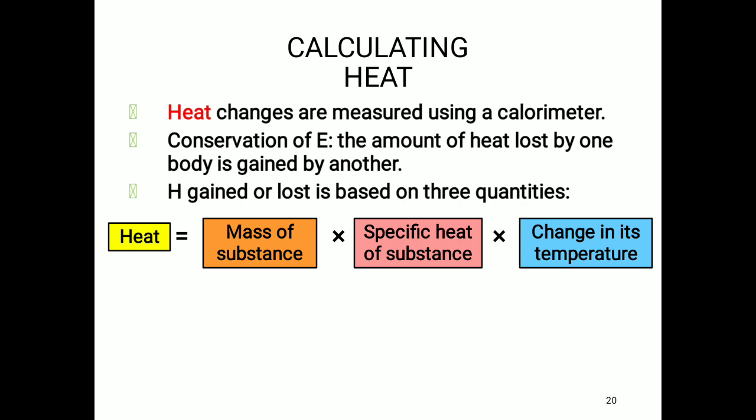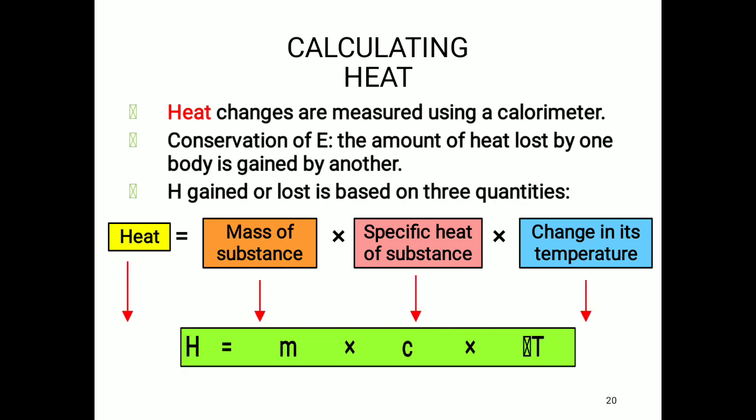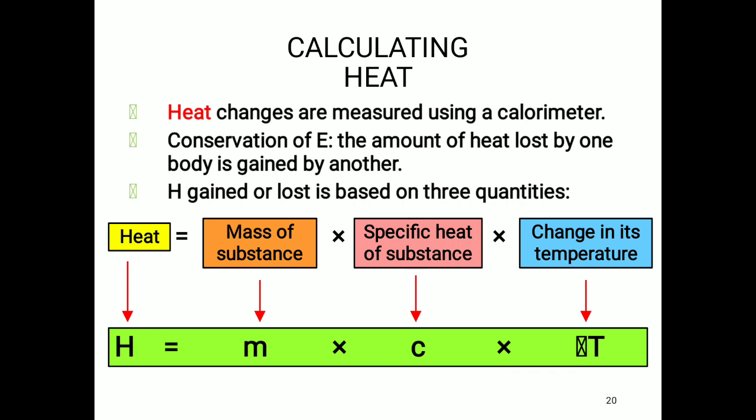So to calculate the heat transfer, you have to multiply mass by the specific heat capacity of the substance, which is C, and its temperature difference delta T. So here we get the formula to calculate heat: H = mcΔT.